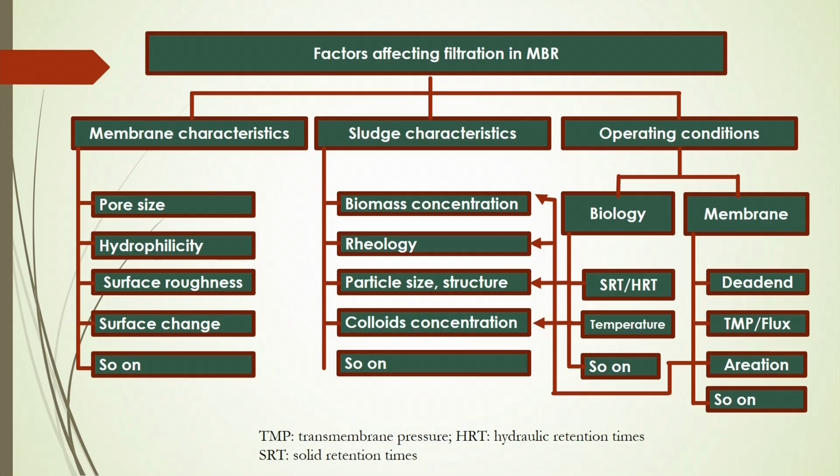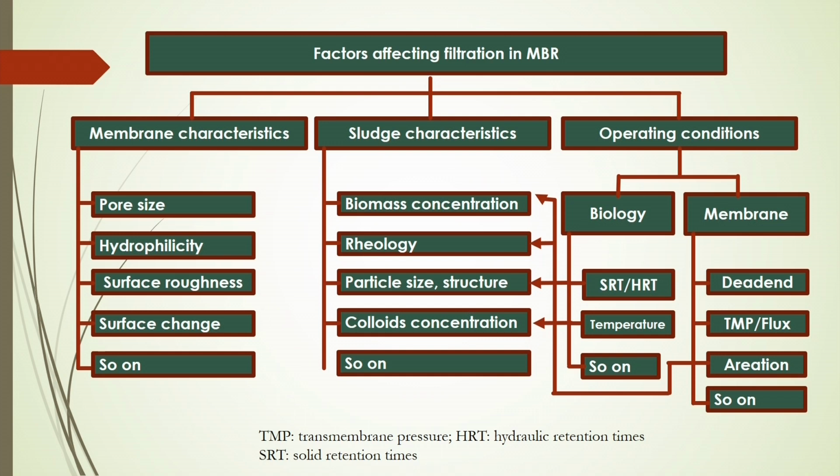If you consider the operating conditions, there will also be a certain effect on membrane performance, like the biology, what type of biological species are to be separated, and how the membranes are procured, what materials are used, which is also important.